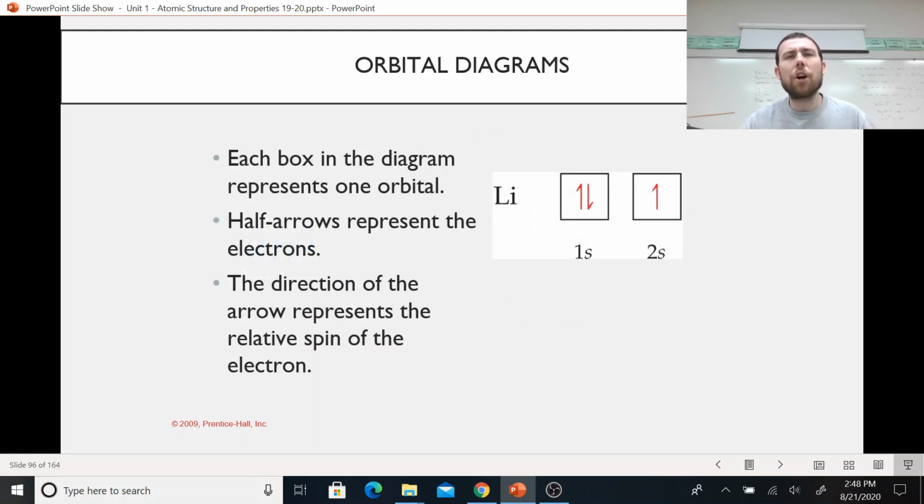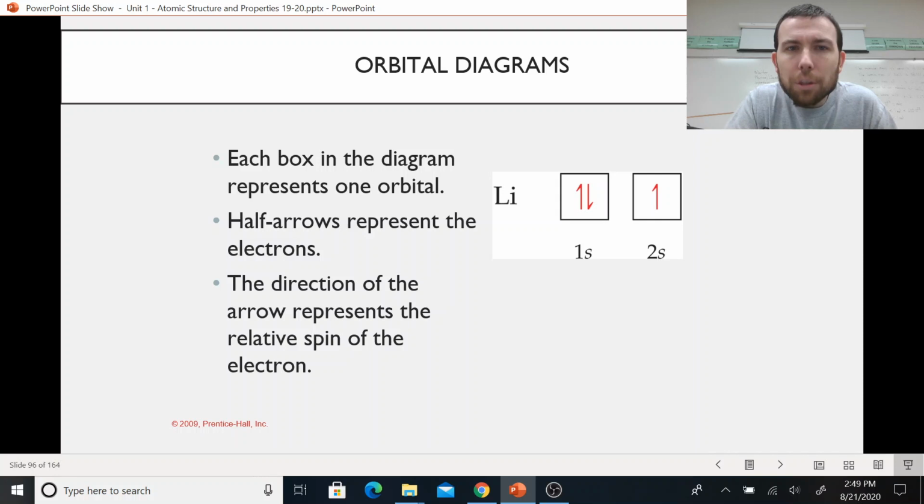Now, there's another way to talk about electron configurations, which is in the form of what we're going to call orbital diagrams. If you think back to the previous videos, we talked about how these orbitals, s, p, d, and f, have varying energies. And so our orbital diagrams are another way to represent those configurations by using boxes, okay? Here we're looking at the electron configuration of lithium. It's 1s2, 2s1.